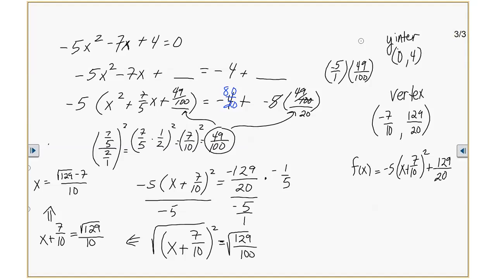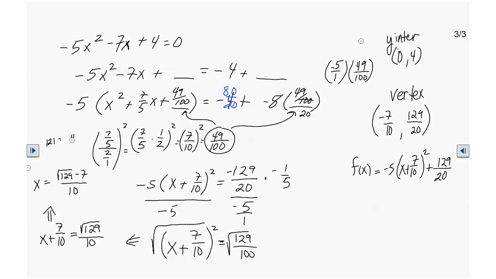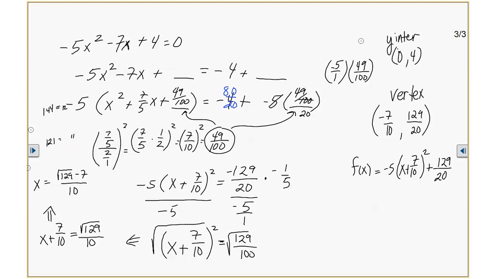Now, the square root of 129. The square root of 144 is 12, 121 is 11, right? So halfway would be 11.5.